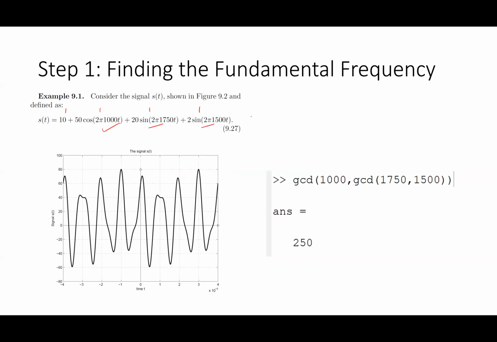My frequencies are 1000, 1750, and 1500. In MATLAB, the greatest common divisor can only be computed for two numbers. So I took the greatest common divisor of 1750 and 1500. Whatever that result is, I take the greatest common divisor of that number and 1000. The answer is 250. Okay.